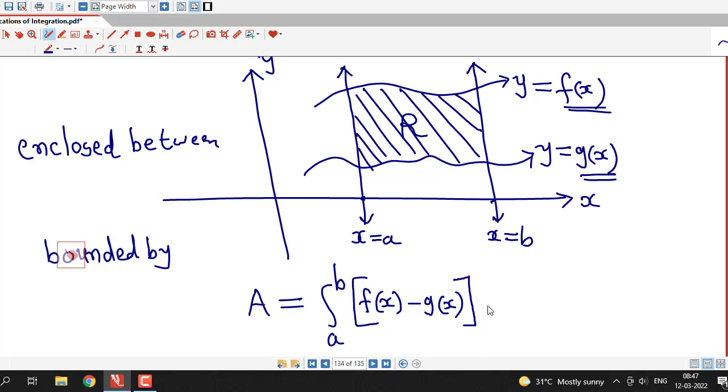We will take difference of these two, and integral with respect to x from a to b will give us the value of area between curves. Here we have assumed that this f(x) is the top function, that is value of function f at any point x is greater than or equal to value of function g at any point x, where x is in between a and b.